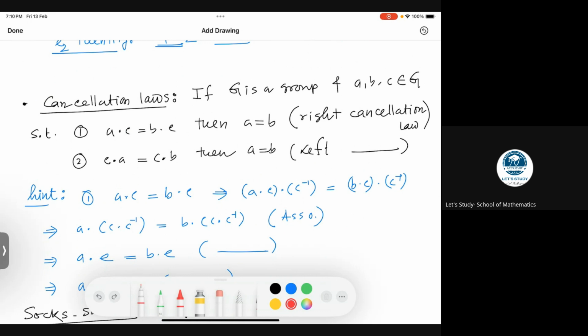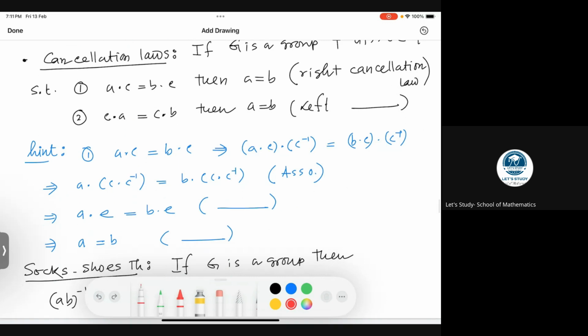It means if A into C is equal to B into C, it will imply A is equal to B. So this is called the right cancellation law because we cancel C from the right side. Similarly, in the next equation, we cancel C from the left side. So this is called the left cancellation law.